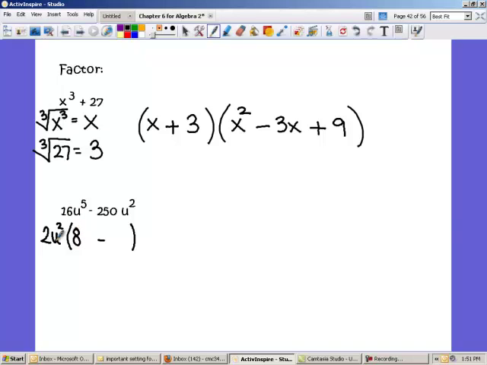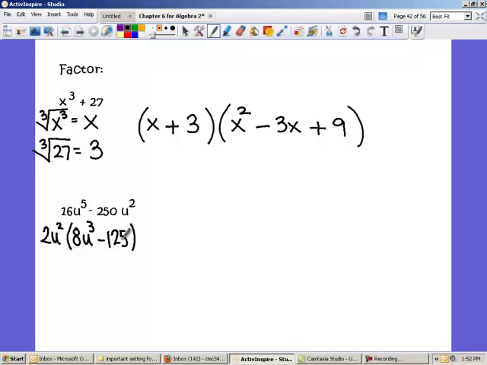And if I have u squared, what would go here to make u to the 5th? U to the 3rd, because 2 plus 3 is 5. And then 250 divided by 2 was 125, so 125 goes here. And we already have the u squared out here, so that's all set.